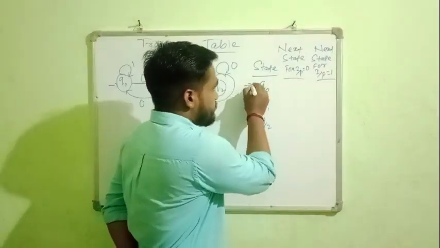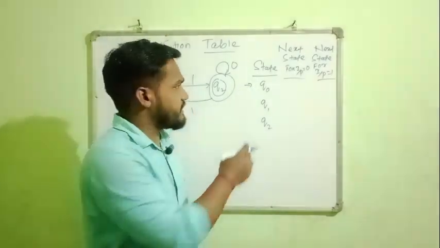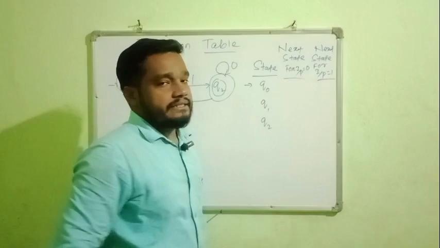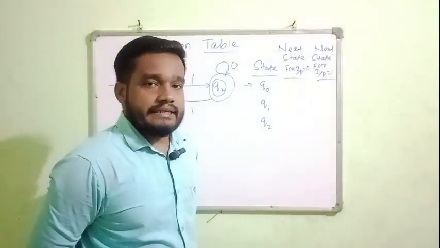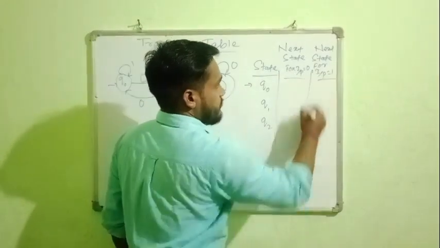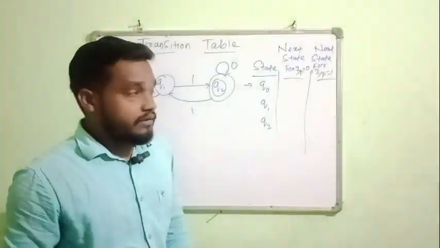So first of all we will use an arrow mark, because it is not mandatory, but you will use this arrow mark to denote this is the initial state. Q0 is the initial state. We have 2 inputs as symbols, that is 0 and 1.